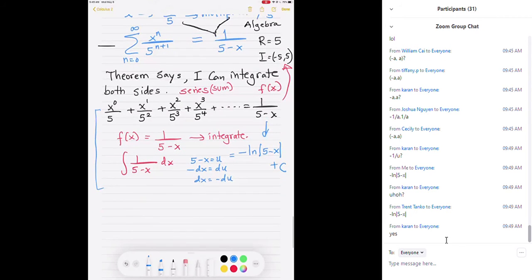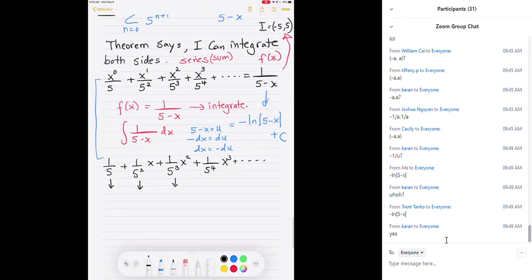To integrate this one, here's the trick. Here is how I want you to see it. Stop writing and just look at what I'm trying to do. This is 1 over 5 plus 1 over 5 squared x plus 1 over 5 cubed x squared plus 1 over 5 to the 4 x cubed. When I integrate this series, I integrate each term.